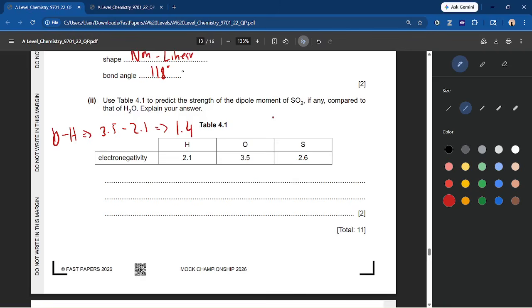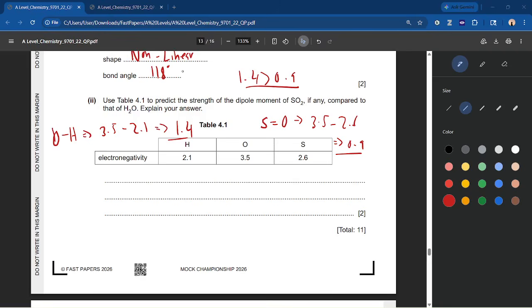And what about for SO2? So let's say SO, this will be 3.5 minus 2.6, which is 0.9. So 1.4 is greater than 0.9.